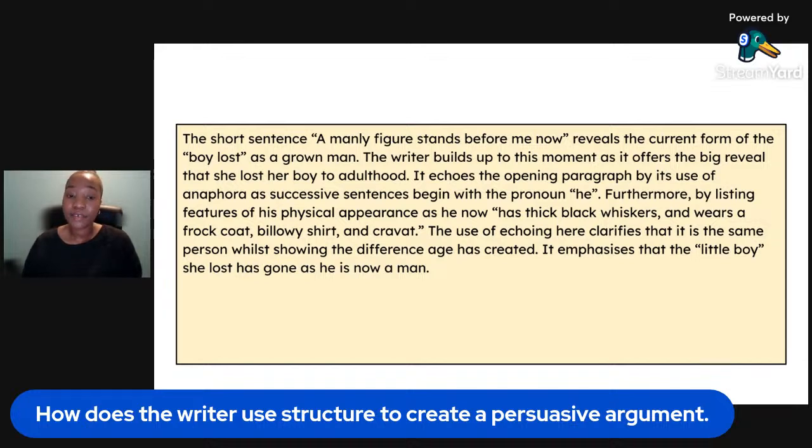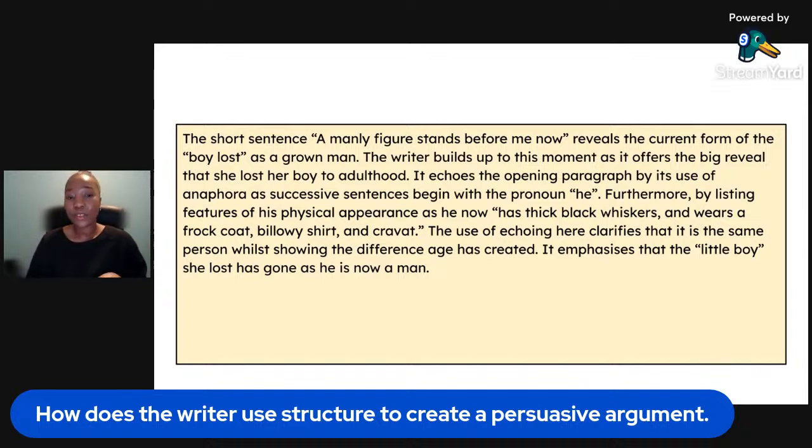Furthermore, by listing features of his physical appearance, as he now has thick black whiskers and wears a frock coat, billowy shirt, and cravat, the use of echoing here clarifies that it is the same person while showing the difference age has created. It emphasizes the little boy she lost has gone as he is now a grown man.